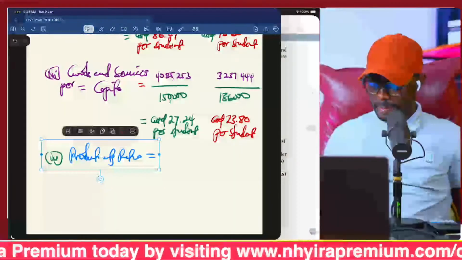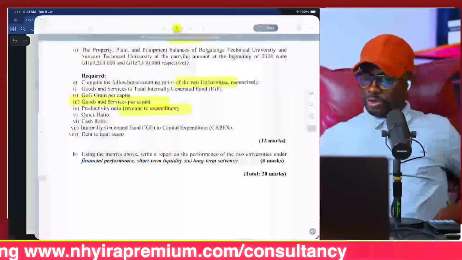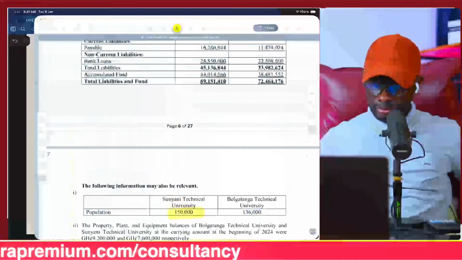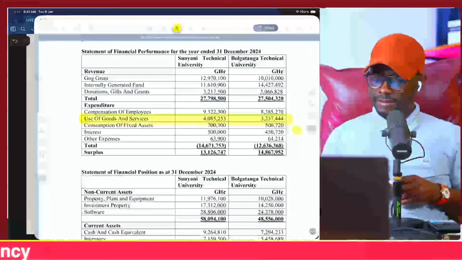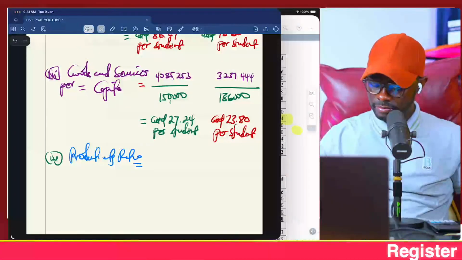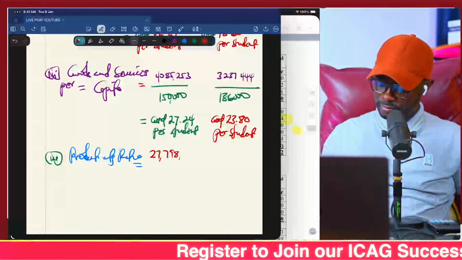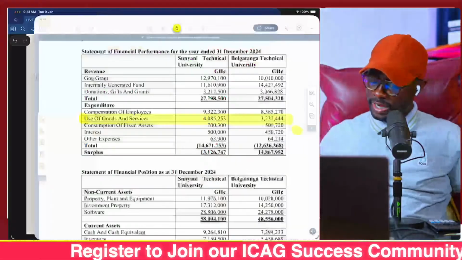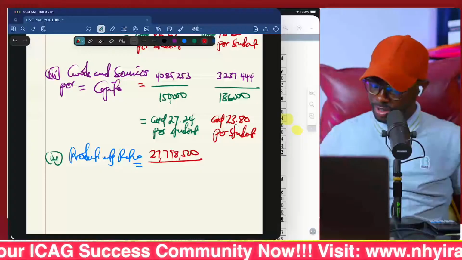So let's see. Productivity ratio. Total revenue of each of them, 27,798,500, and then total revenue here, 27,504,320.